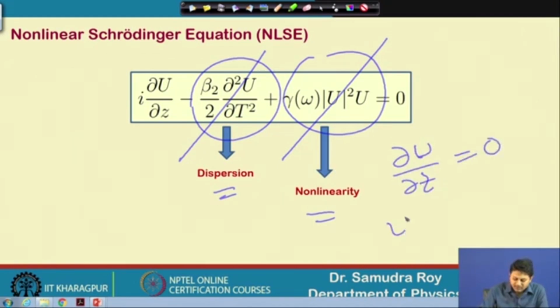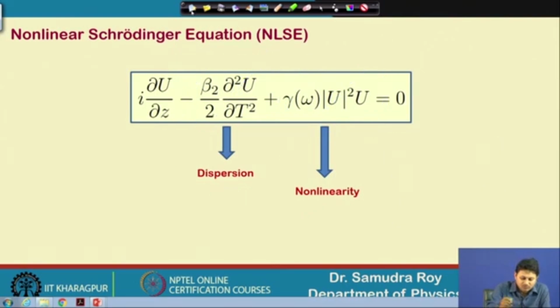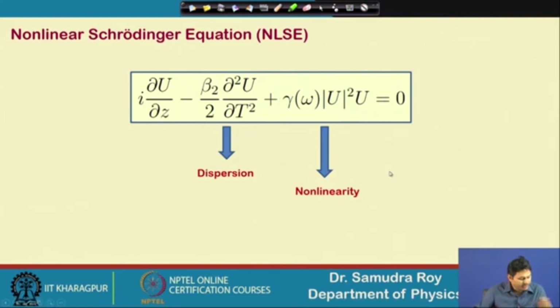It suggests that u is constant, or in other words, there is no change of the input pulse as it propagates inside a medium. So, if I am somehow able to counterbalance dispersion and nonlinearity, then we can have a stable propagation. These things we try to find out here.